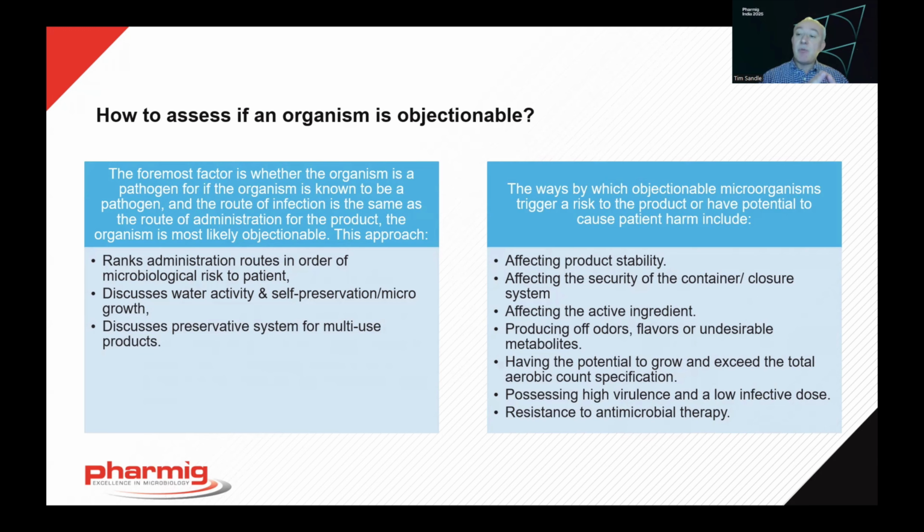Is it something that's going to present a greater risk for children or for elderly people? We also need to weigh up whether the impact is minor, so maybe we get a slight coloration change, or a slightly unpleasant odour, versus actually putting people at risk of infection or causing them harm. So there's a number of things that we would need to work through in undertaking a risk assessment in this context, and it's going to depend a lot on the likelihood of contamination, the microbial numbers, and so on.